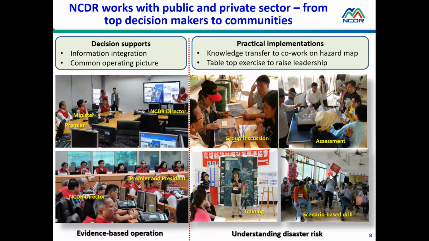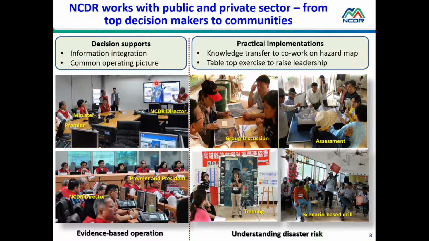A very important thing: who is NCDR talking to? Here is a typical example to show how NCDR plays an important role in disaster risk management. In the case of decision support, this is the director, the leader of NCDR.